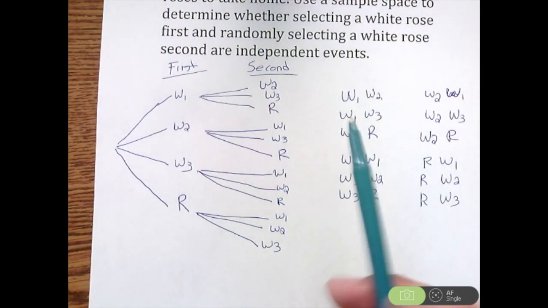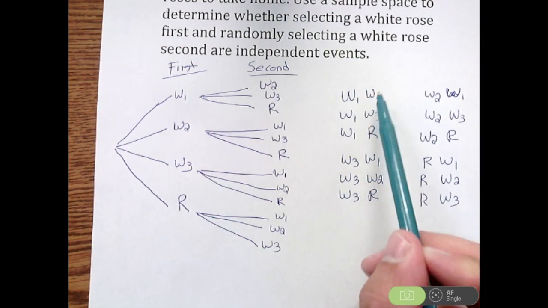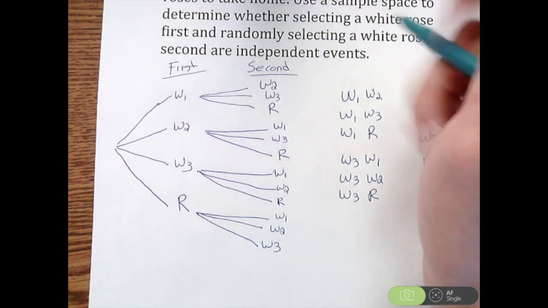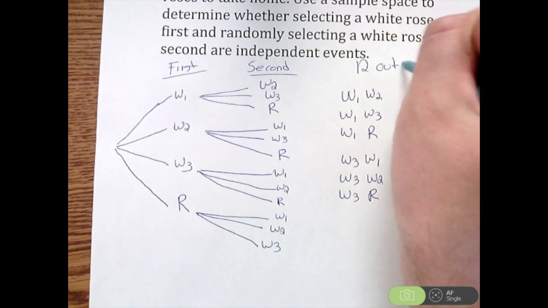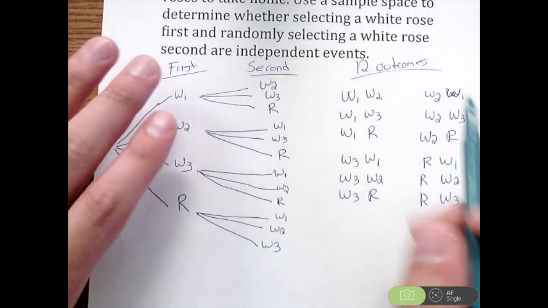So this is for selecting the first 2 roses, my first one and my second one. The total options I have is 1, 2, 3, 4, 5, 6, 7, 8, 9, 10, 11, 12 outcomes available. So I have 12 outcomes. There's my sample space.